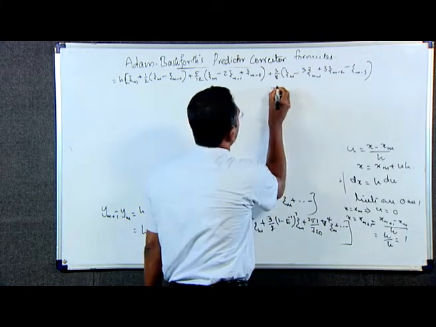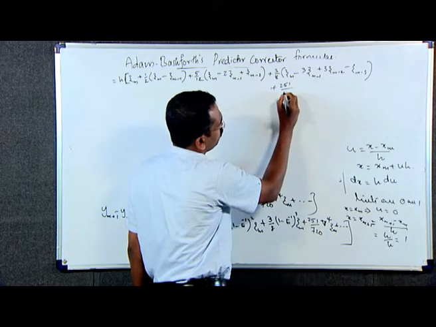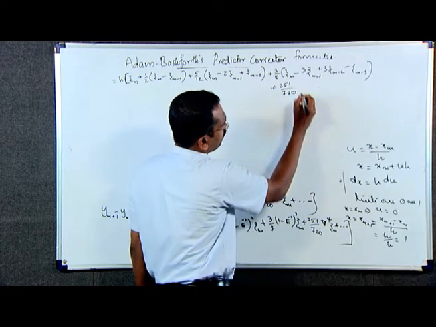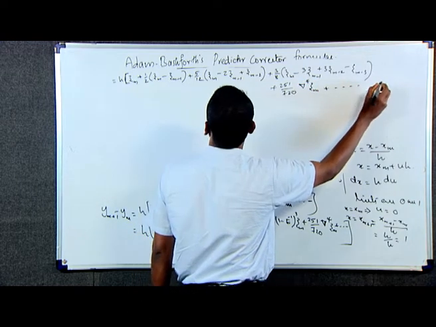Plus the next term is 251 divided by 720 into del raised to 4 Z_m plus etc.